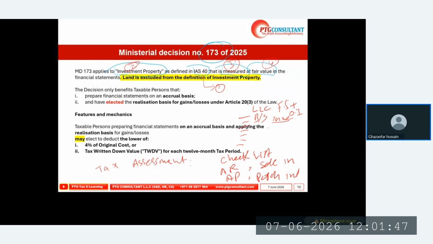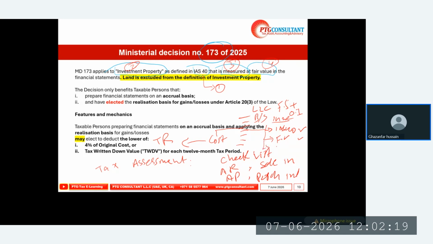Now the next question: they have applied IAS 40. Okay, good. Then which measurement? If it is fair value, okay, it's good. If we are saying IAS 40 is there but it's on cost, then it will go towards the transitional rules. If it's fair value, then we will go on.